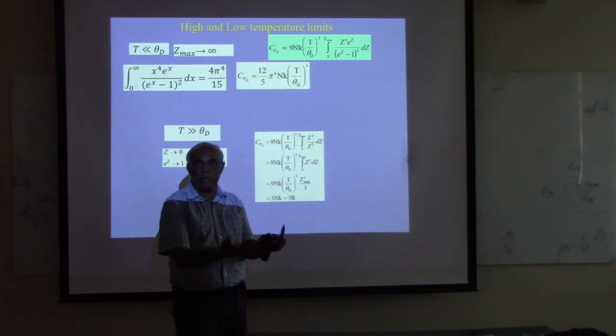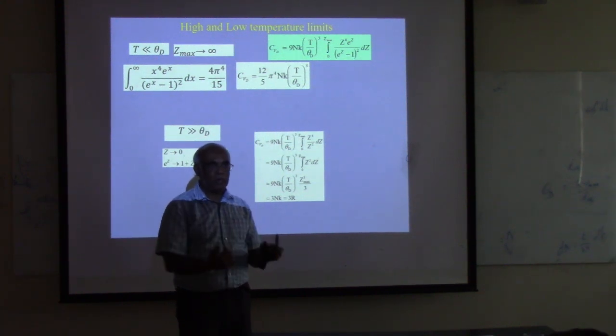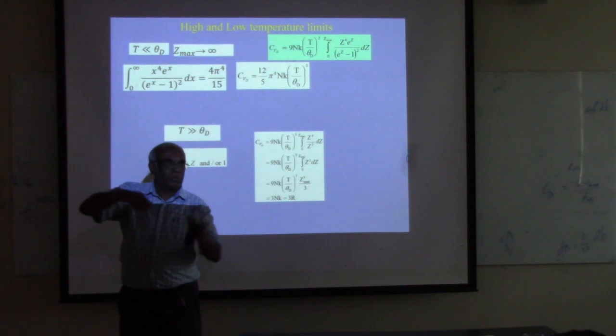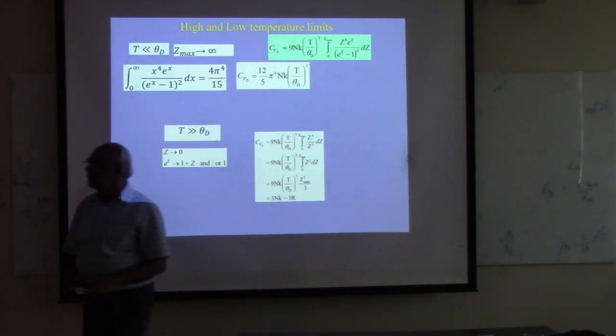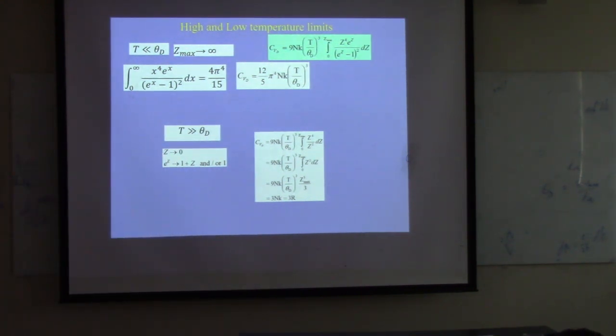If you take a soft material, that has a very low one, because that tells you the stiffness of your material, right? This Debye temperature is given by theta D = h-bar omega D over kB. What is omega D? That's the Debye cutoff frequency.